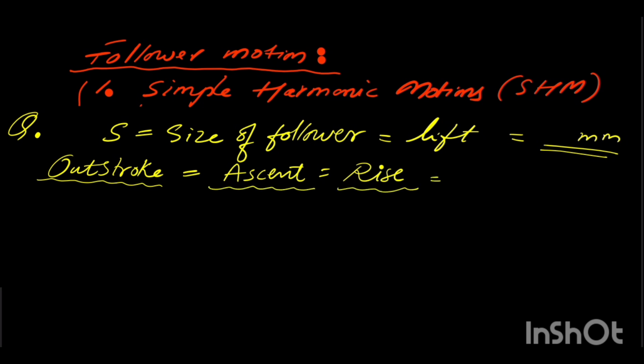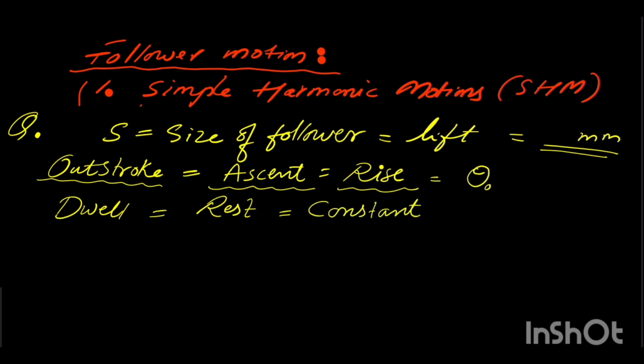It will be written as theta naught. Next there is a dwell. Dwell is nothing but a rest, or constant, meaning the velocity and acceleration will be constant. That we write as theta r. Next is the return stroke, or descent.